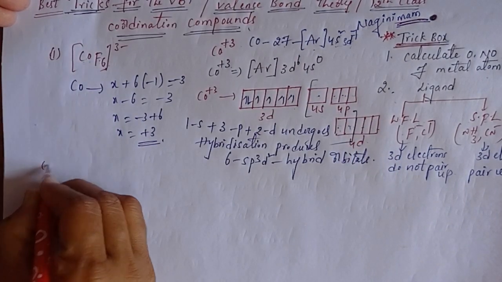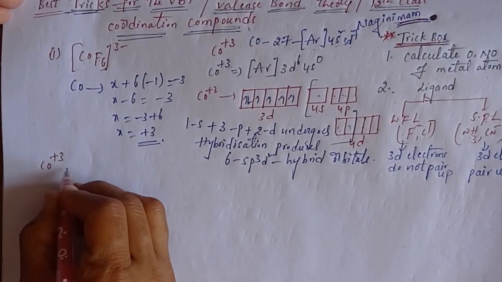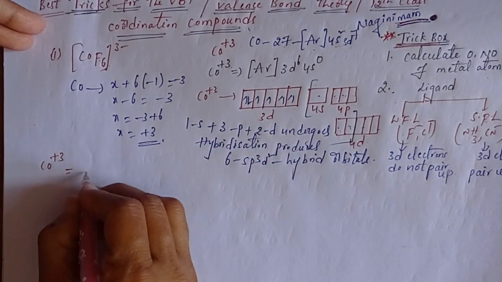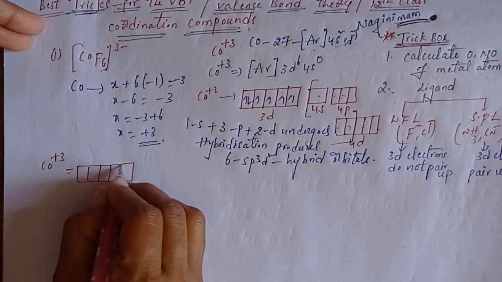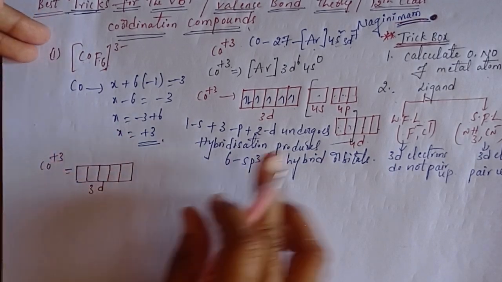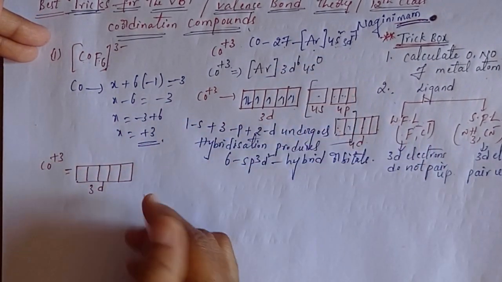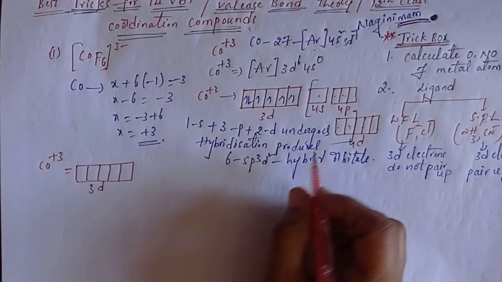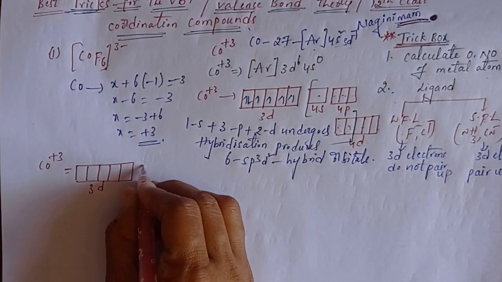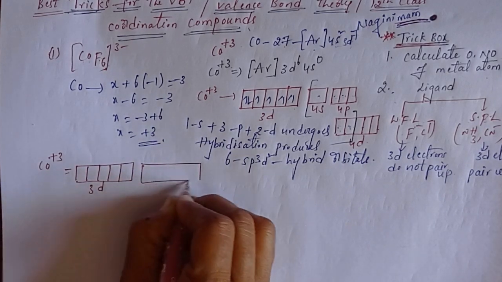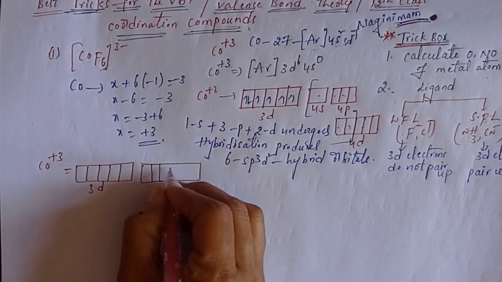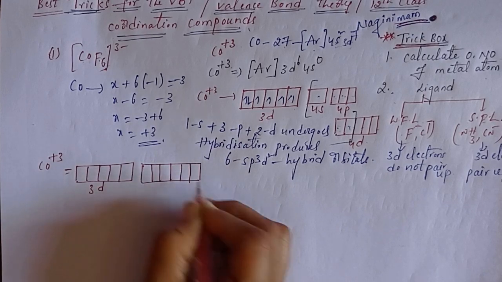See here, Co3+, the 3d as it is I am taking. Total 5 orbitals, 3d. Okay, next these 6 orbitals I am writing. These 6 are sp3d2 hybridized orbitals. Total how many? 6. 1, 2, 3, 4, 5, 6.